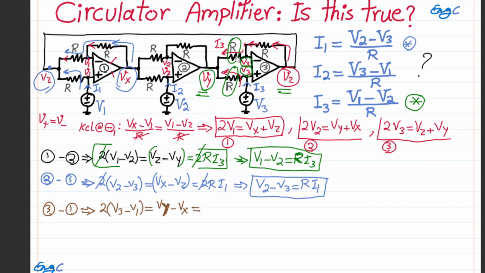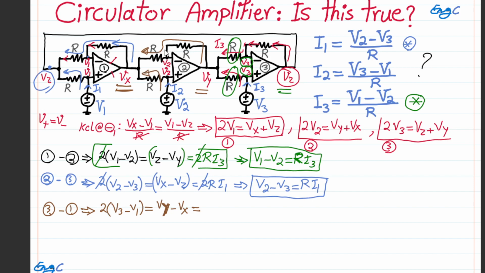Now we're talking about these two, Vy minus Vx. That means this same current that is going through the series of these two resistors has to be equal to I2 for the same reasons discussed.